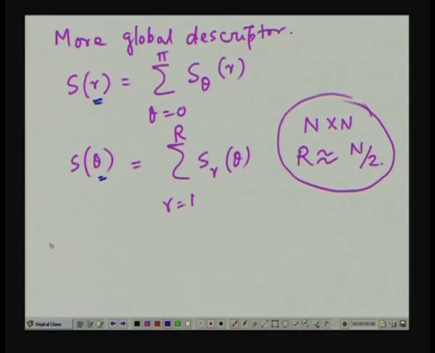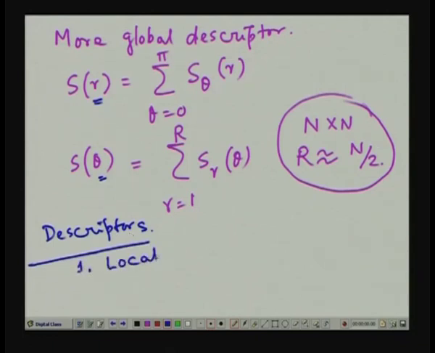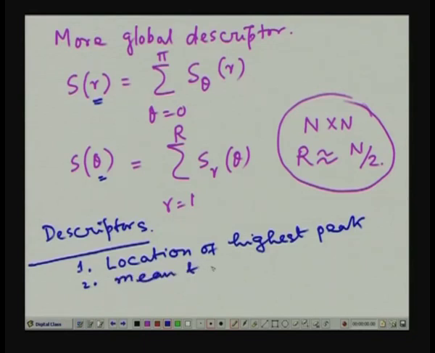So, from these two, the descriptors which are normally generated are: one kind of descriptor is the location of the highest peak; the other kind of descriptor can be the mean and variance of amplitude as well as axial variation.